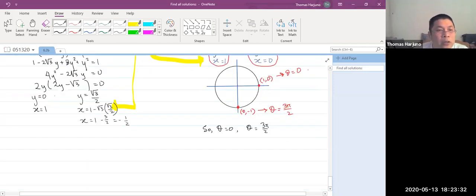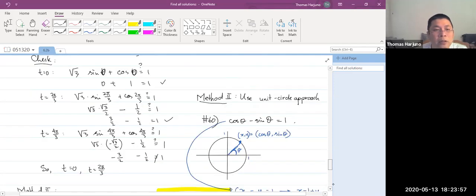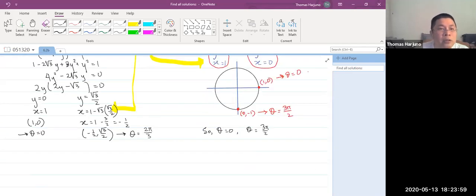So the coordinate 1, 0 implies t is 0. The coordinate negative 1 half, radical 3 over 2 implies t is 2 pi over 3. Now notice that I don't need to check. Okay, I get the answer. Actually, not theta, it's t.